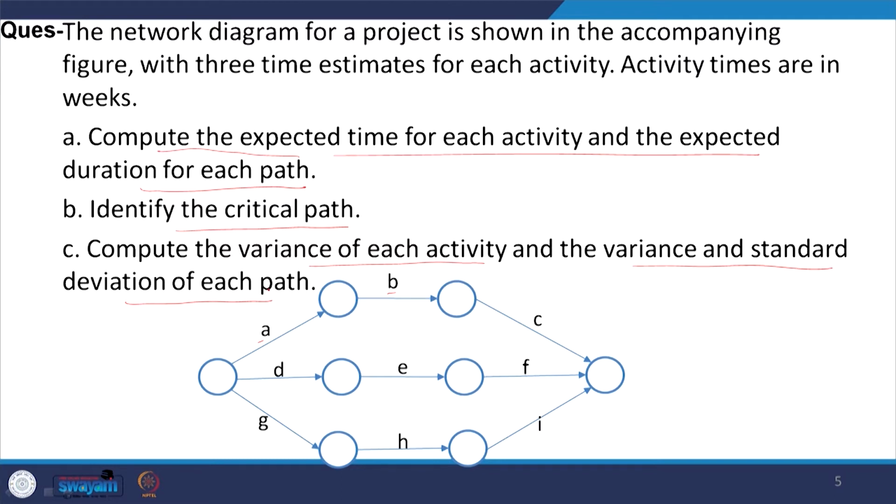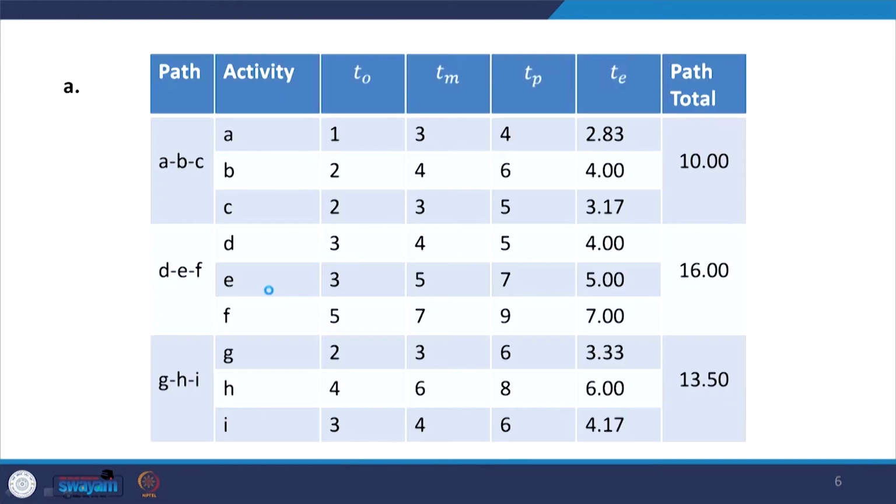So, now let us see what the different time estimations are for these activities. The activities are A, B, C, D, E, F, G, H, I. Optimistic times are given in this column, these are the most likely times, and these are the pessimistic times. So, using this formula, that is T o plus 4 T m plus T p divided by 6, we calculated the expected time for each activity.